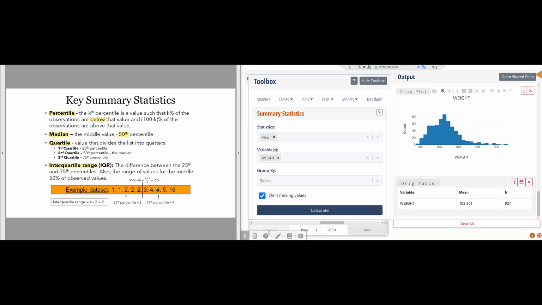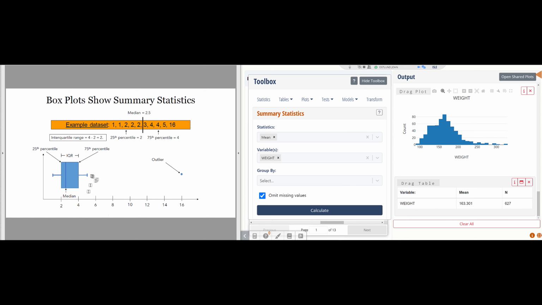So what we mean by that is that half of the values, from the 25th percentile up to the 75th percentile, that is the interquartile range here, is from 2 to 4. And the width of the interquartile range is therefore 2. Okay?